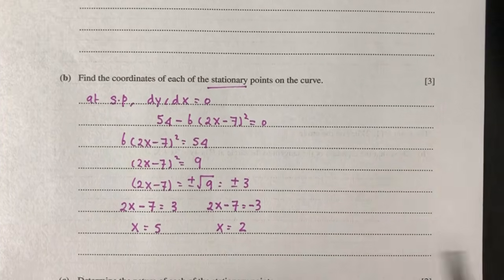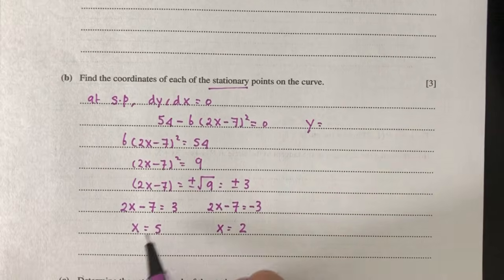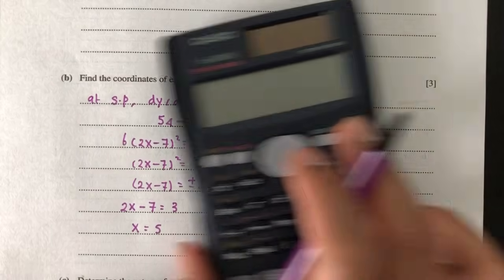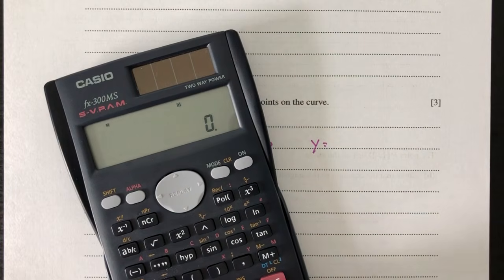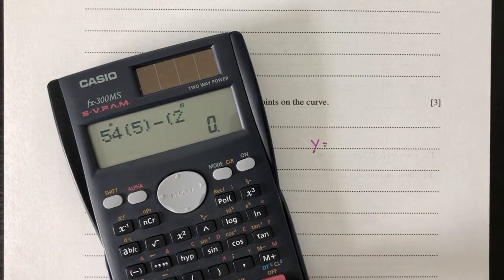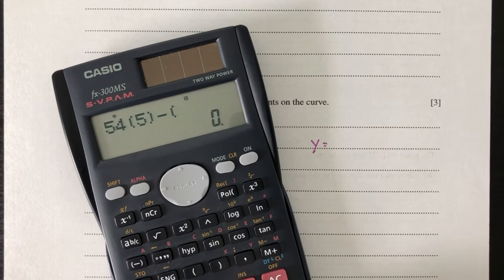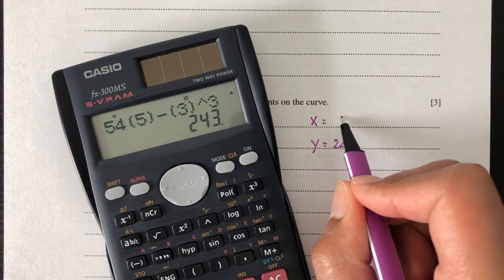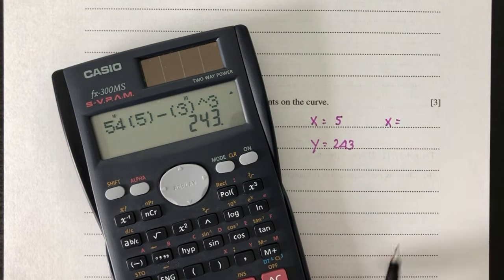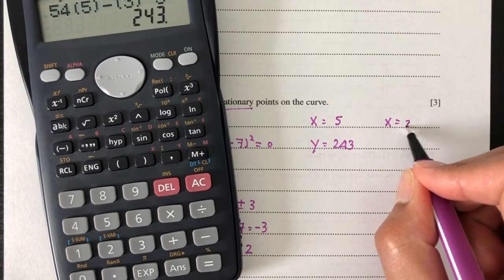Now let's find the values of y. For x equal to 5, the value of y will be, so we place back in this equation, 54 times 5 minus (2 times 5 is 10, minus 7 is 3) power 3. That will be 243 for x equal to 5. And for x equal to 2, what is the value of y?